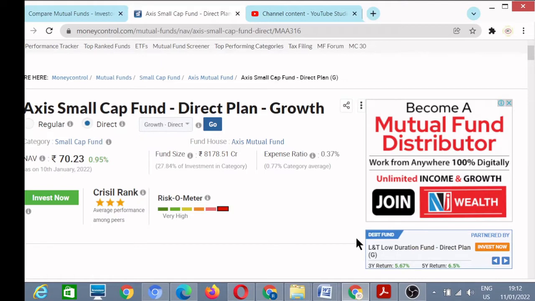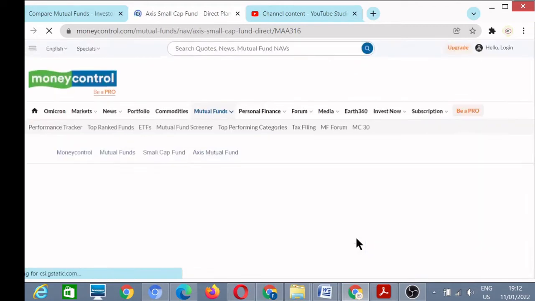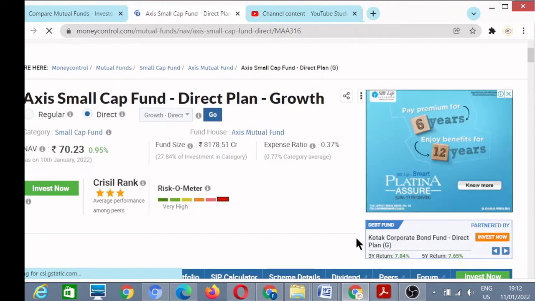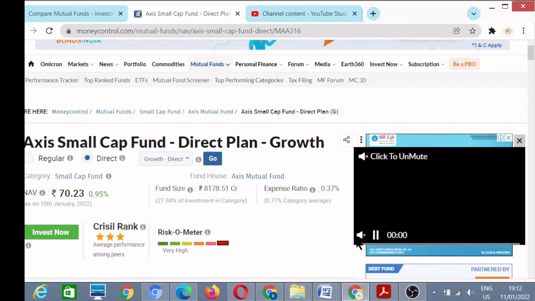First of all, for watching the performance of this fund, we come to our website of Money Control. Money Control has a special feature where we can compare the performance of different funds at the same time. Here we see the performance of Axis Small Cap Fund, and we are interested in direct plan and growth plan.